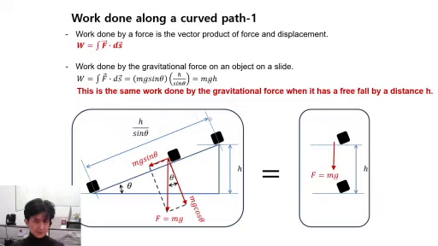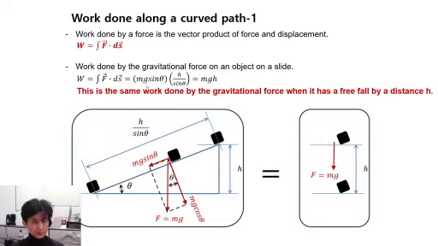So if this object is moved from one point to the other, and the height difference between the two points is h, then this distance becomes h over sine theta, because sine theta is h over this distance. So this distance is nothing but h over sine theta.